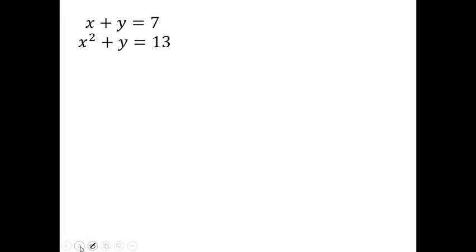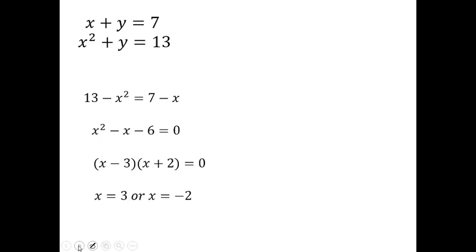Okay, so let's have a look at the solution here. So I can again rearrange this first equation so that y is equal to 7 minus x, and then here y is equal to 13 minus x squared, and I can make them equal. I can rearrange it to give me a quadratic. I can then factorize that to give me that, which means x is 3 or x is minus 2.